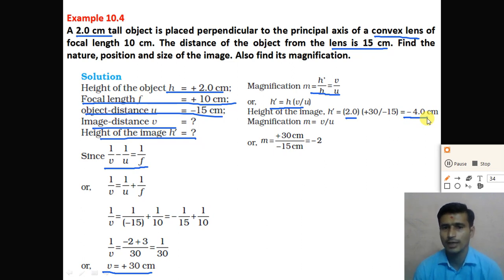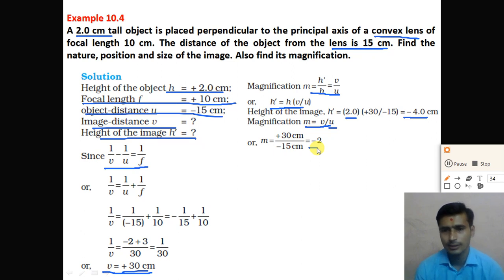Now how can we calculate the magnification? Magnification m is equal to v divided by u. What is the image distance v? Image distance v is 30 centimeter and object distance u is minus 15 centimeter. So the magnification m is equal to 30 divided by minus 15. We get minus 2. So here the magnification is negative.